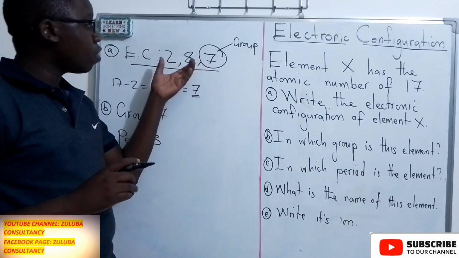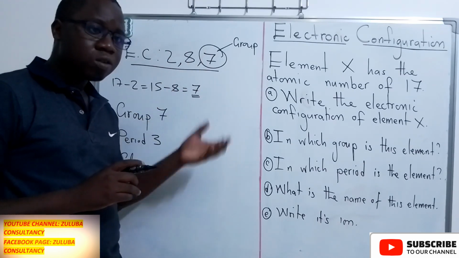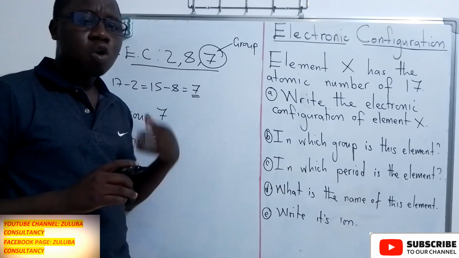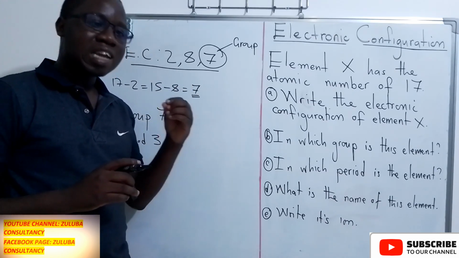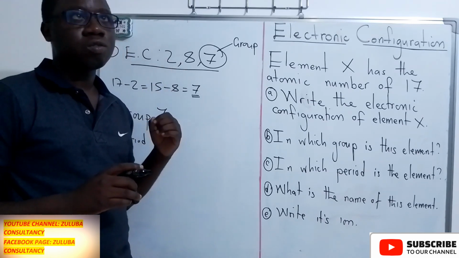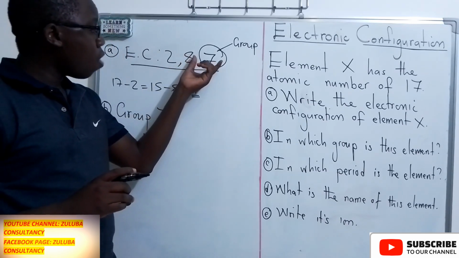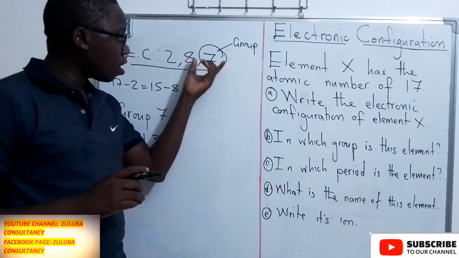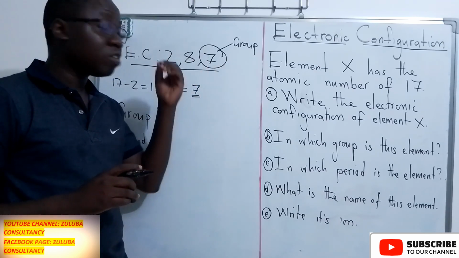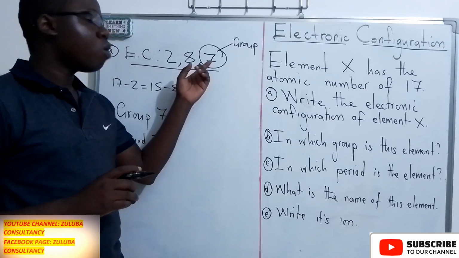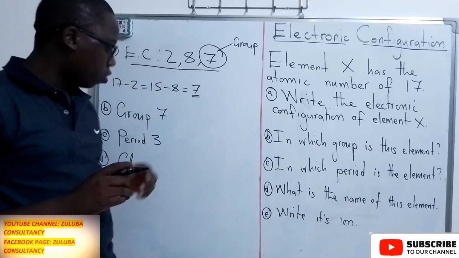If the outermost shell is almost full, then that element gains electrons. So how many electrons does this element need to reach 8, which is the maximum number? We only need 1 electron.